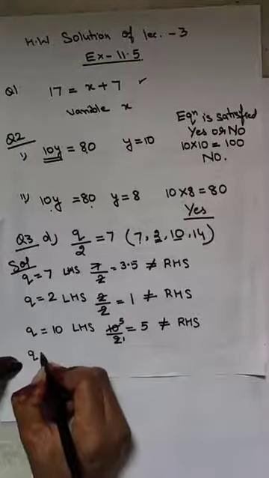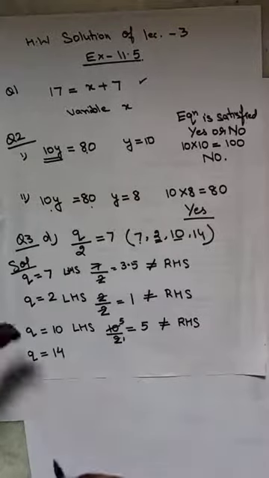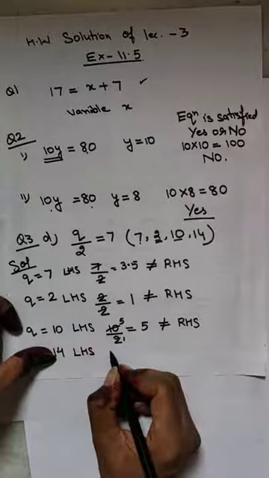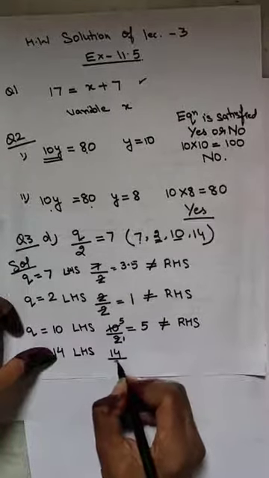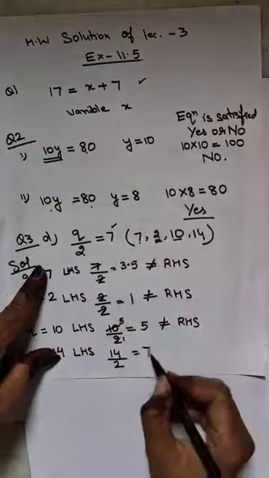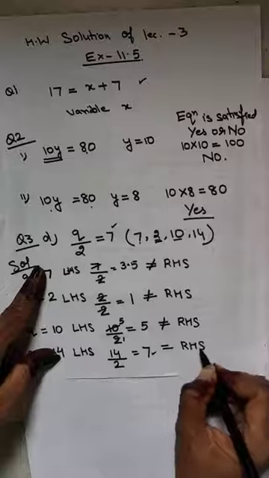Now you have to take the last value, Q equal to 14. It is 14 upon 2, that is 7. Now see, this is equal to RHS.